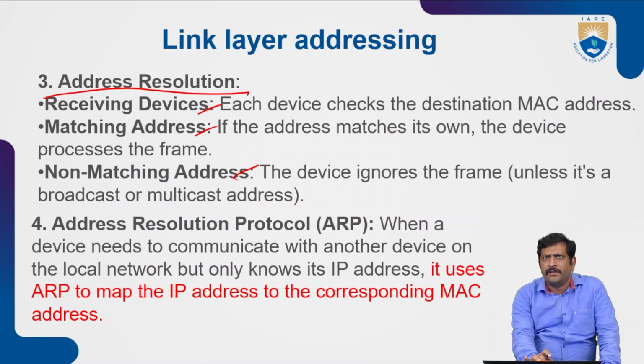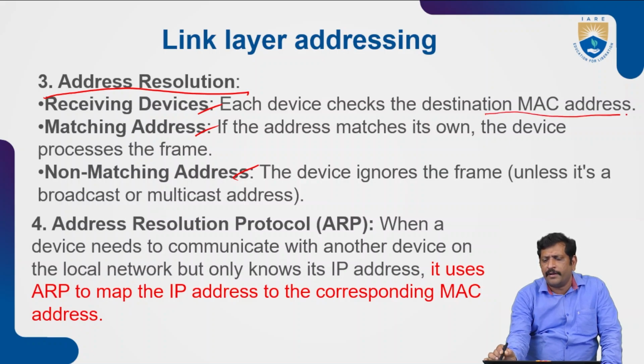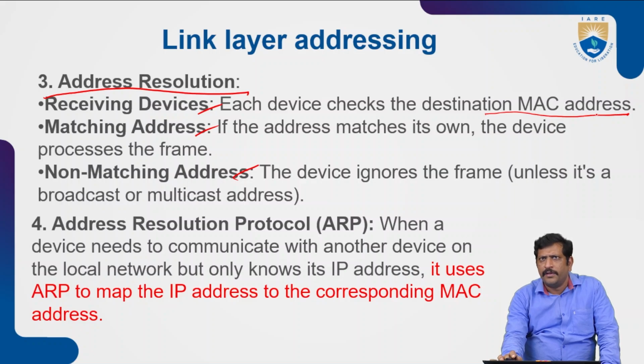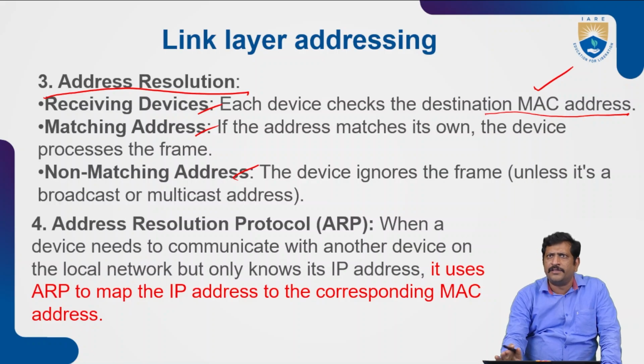For receiving devices, if you want to receive from other devices, first you have to check the destination MAC address, the media access control address. By checking it, we can receive from the other device by identifying the MAC address, since each and every device has a unique MAC address. That's why, by identifying the destination MAC address, the information is received and sent to the particular destination.